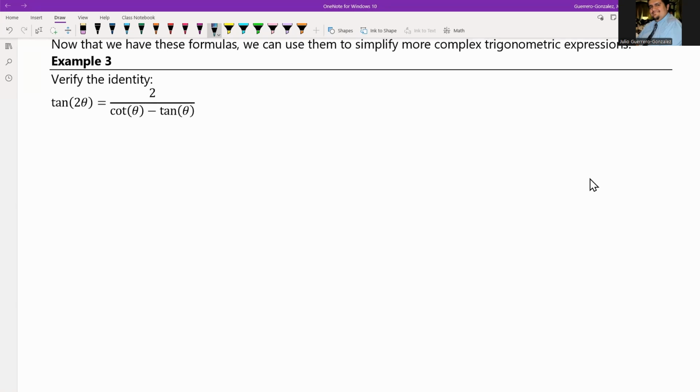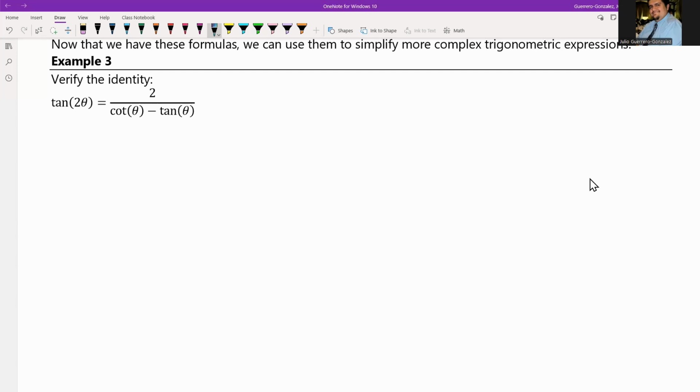So, for example, I am rewriting here an identity. So tangent of 2 theta is also equal to 2 divided by cotangent minus tangent. The same rules of the game apply here like they did in the past.